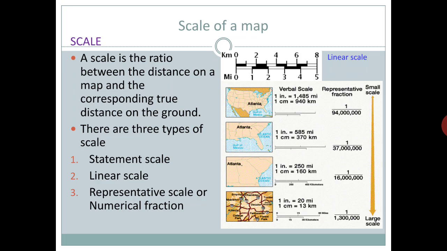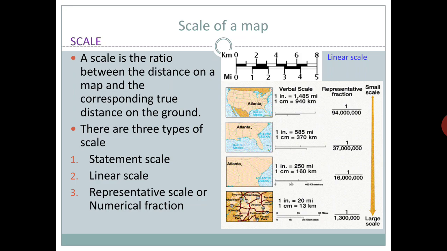It is normally between 12 centimeters to 20 centimeters. The line is divided into parts known as secondary divisions. The linear scale is drawn near the lower portion of the map. Usually it is drawn on the bottom of a map. If you have any map now, you can check it there.